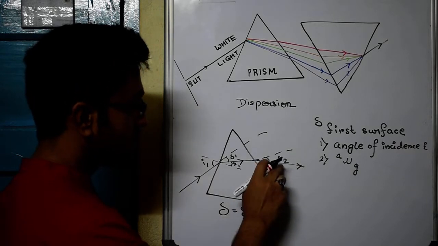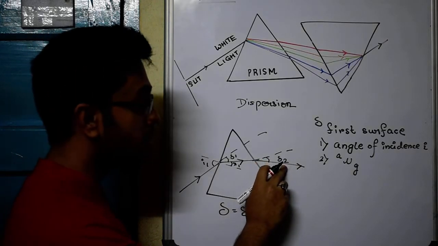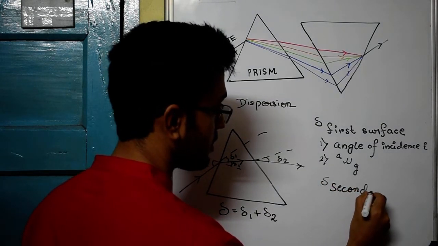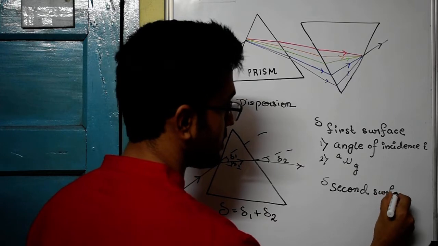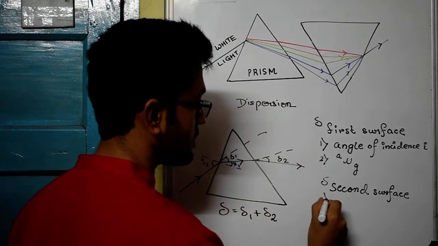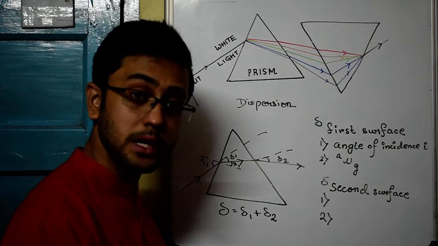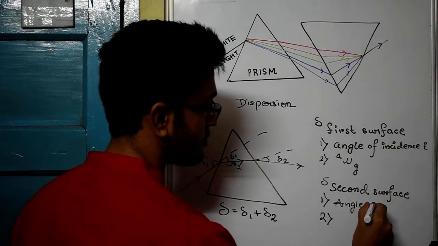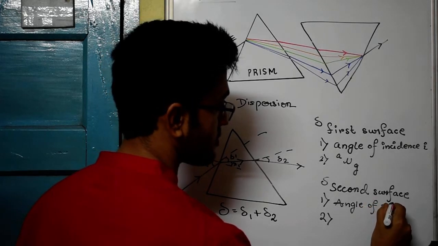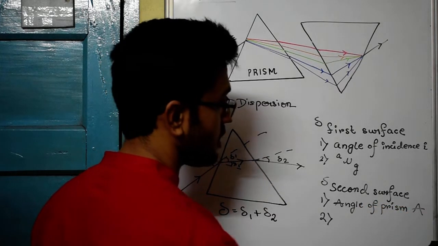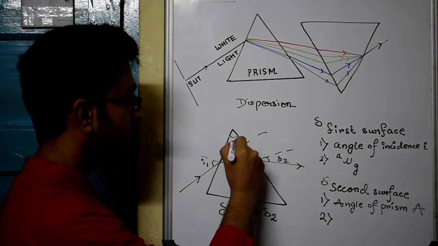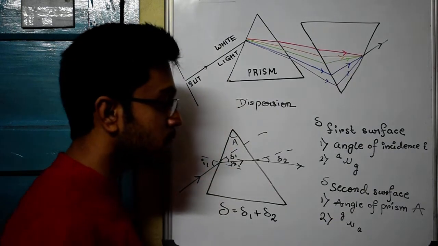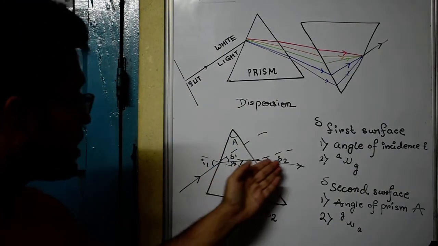And then, as we see, there is a second deviation at the second surface. So delta 2 at the second surface depends on 2 factors again: the angle of the prism A and the refractive index of air with respect to glass, because now the light is traveling from glass to air.